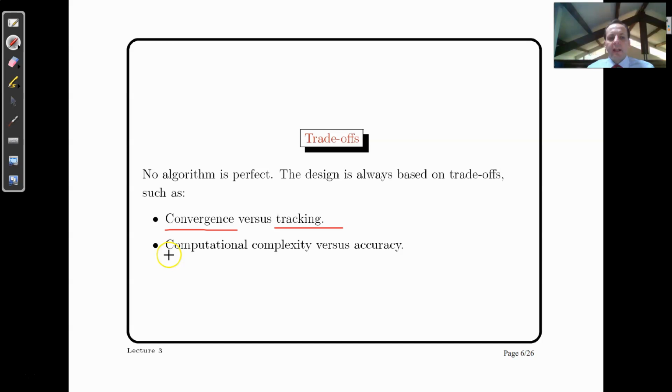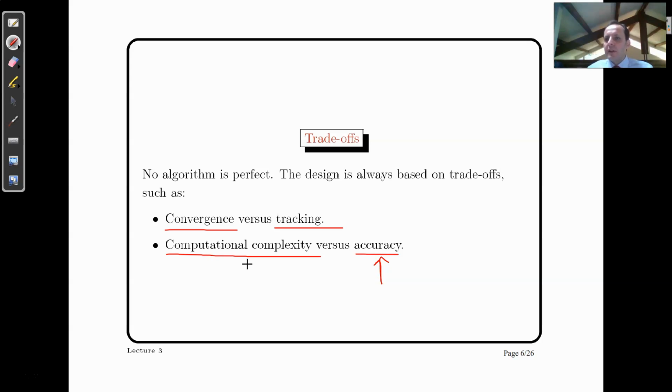Another aspect is the computational complexity with respect to accuracy. Normally you need to have a very accurate estimate. But an accurate estimate can be derived, for example, think of the prediction error method.